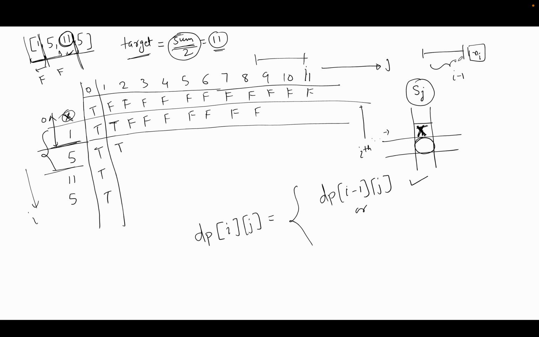Earlier we were not able to do that. So what change does it bring? The only change it brings is that you can add the additional n i to something. So let's say S of j was not possible, but S of j minus n i was possible using numbers from 0 to i minus 1. But our target is here S of j, so we return false.